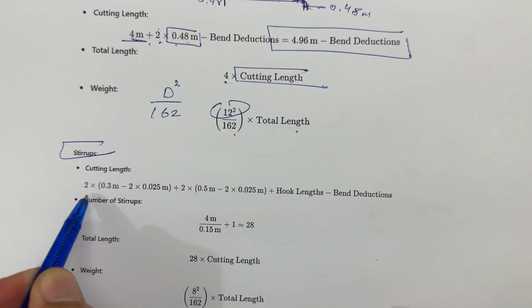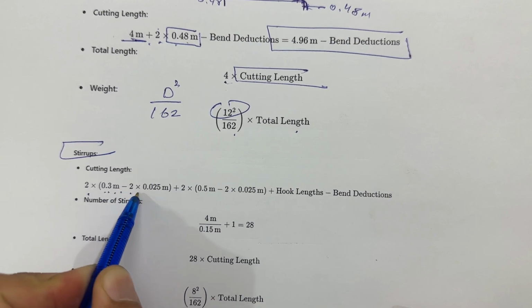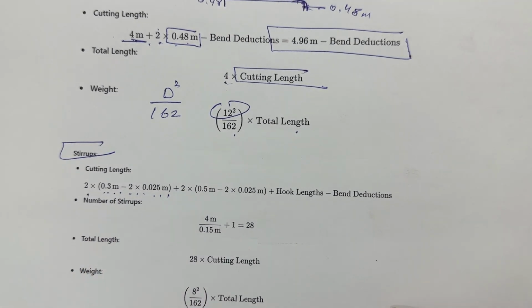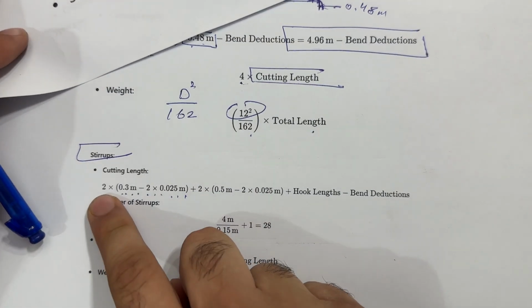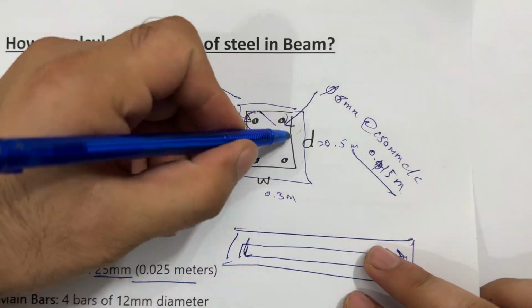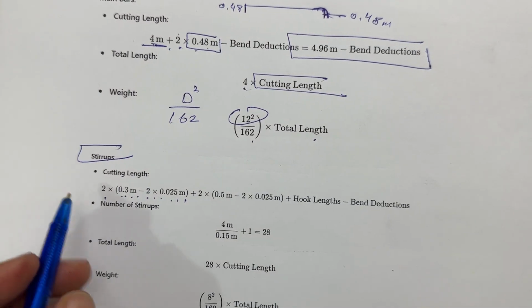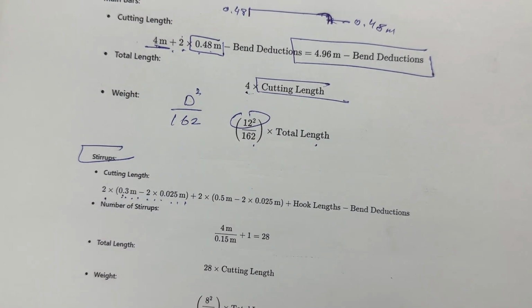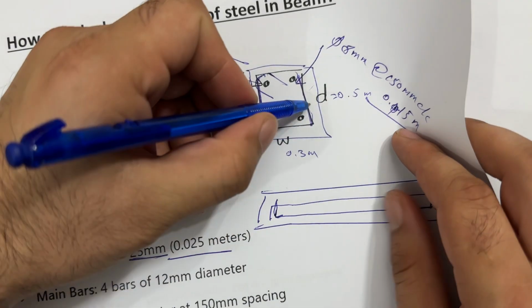Stirrup: the cutting length is 2 multiply 0.3 meter minus 2 multiply 0.025. This is especially for the stirrup. What is 2 multiply? Because this is one side and this is the other. So 2 multiply 0.3 meter minus 0.025, because the concrete cover should be deducted.